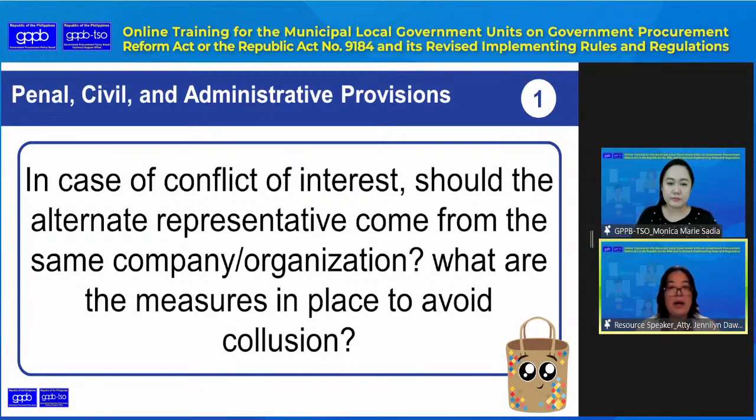I'm a bit confused by the first question, but on the second question, on what the measures are to avoid collusion, I see that this is very practical. Sometimes we have a practical application in terms of avoidance of collusion.